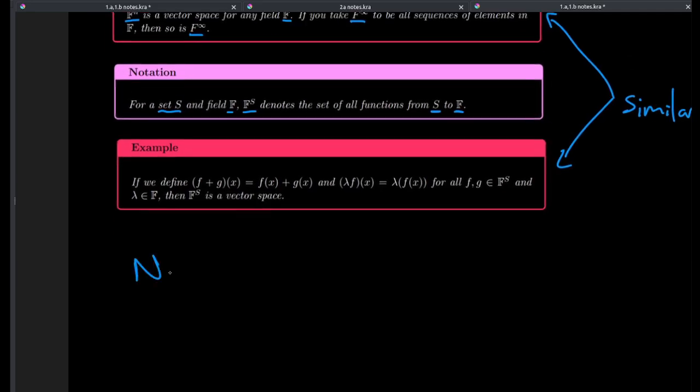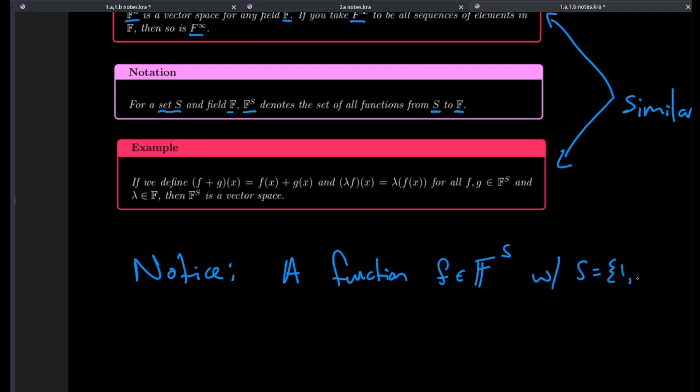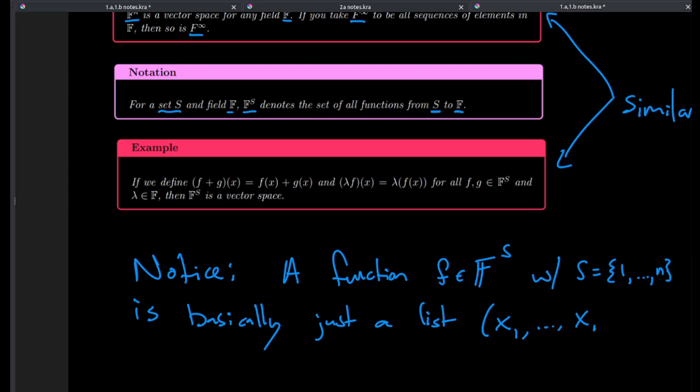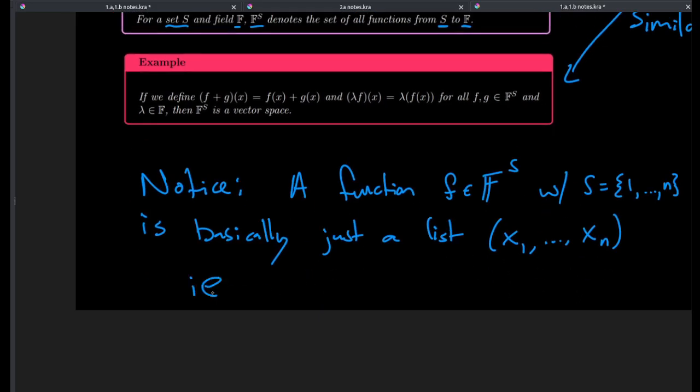So notice a function f in F to the S, where I'll take S to be the set 1 through n, is basically just a list x1 through xn, i.e. f of i is equal to xi.